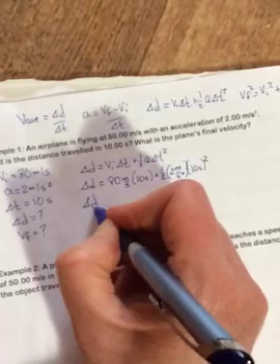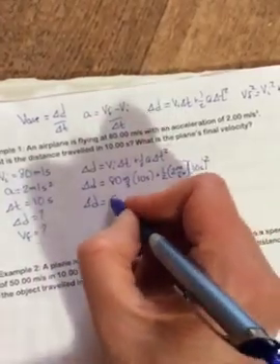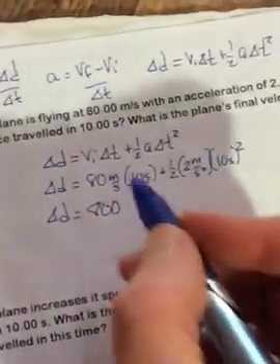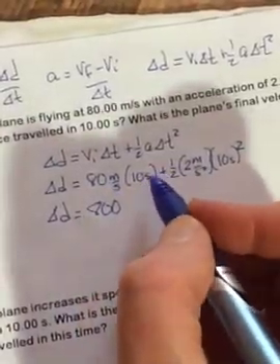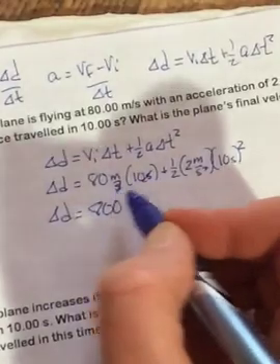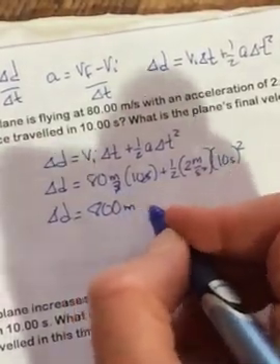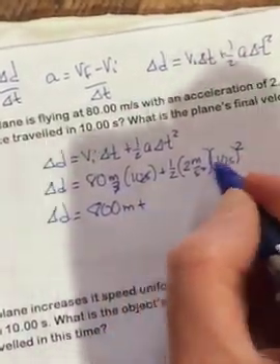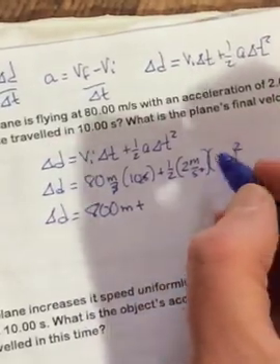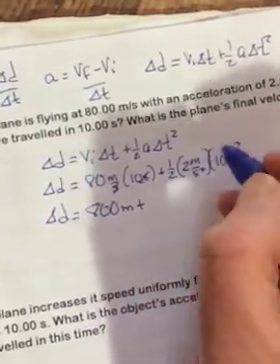All right, so delta d equals 80 times 10 is 800. And then you're going to do meters per second times seconds, so the seconds will cancel and just leave you meters. Plus 1/2 of 2 is about 1. And the only thing that gets squared here is just the 10.